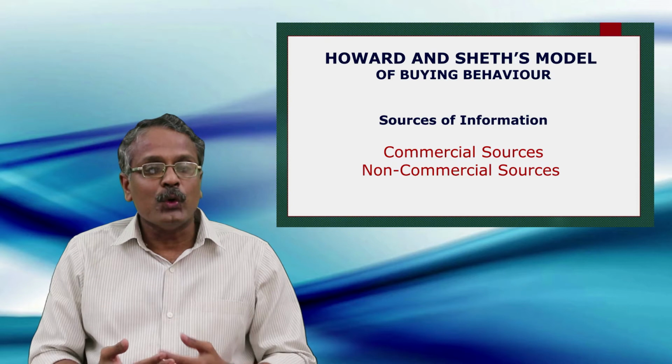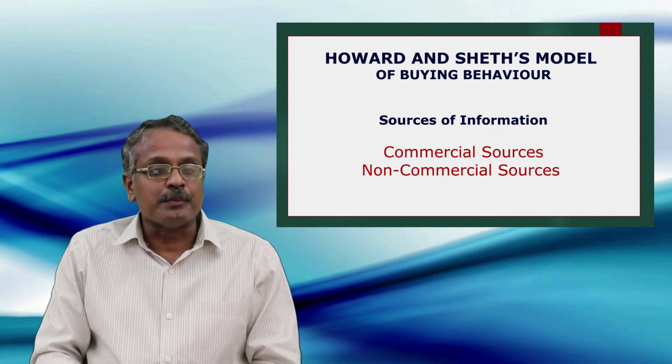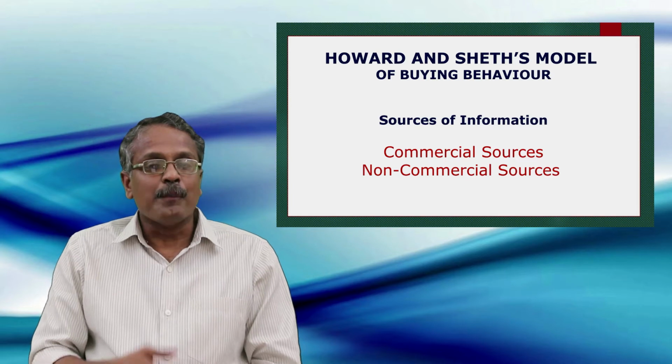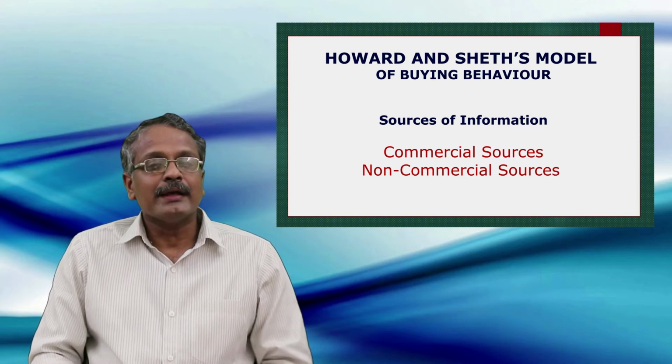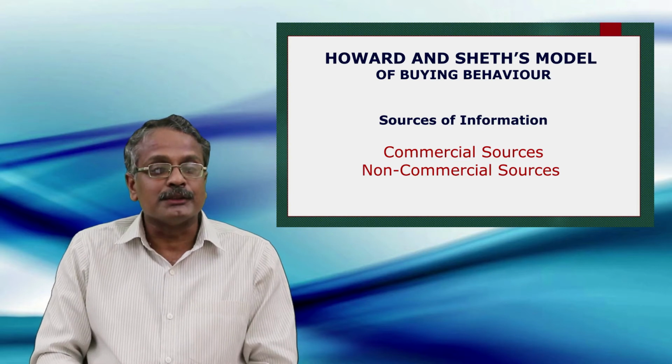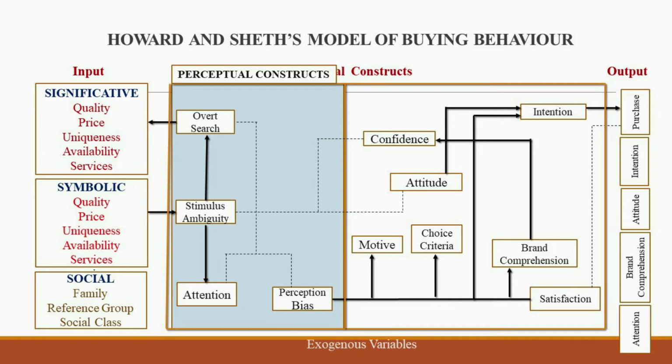He can also make use of some non-commercial sources such as newspaper reports, reviews, opinions of family members, friends, relatives, or he can collect the usage experiences from previous users. Based on all this information, he comes to a conclusion about the product. This is the perception formed in the mind of consumer.